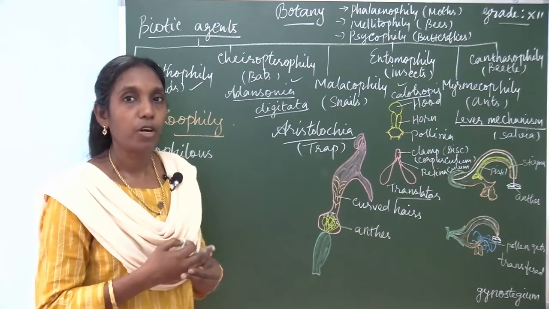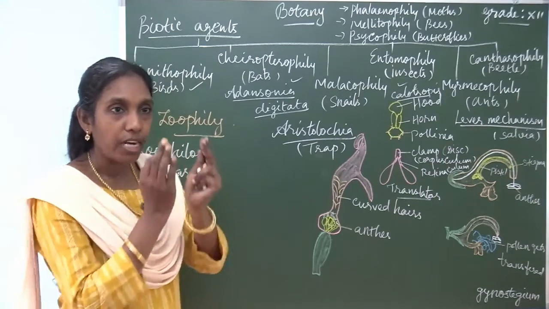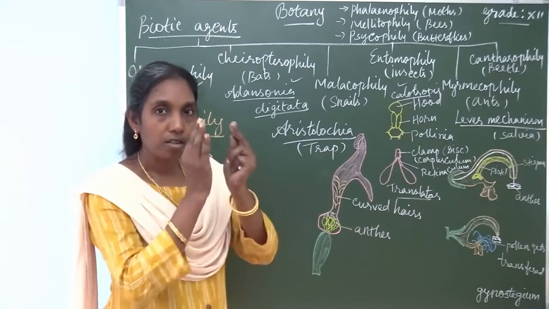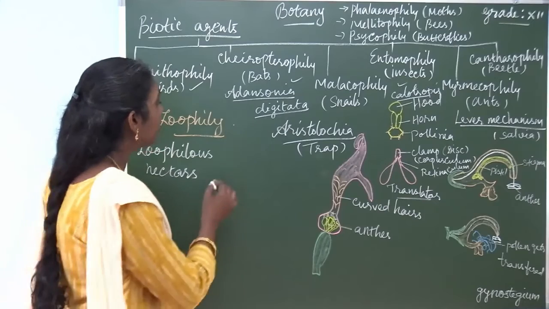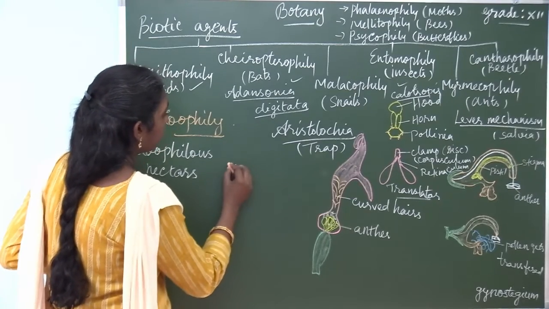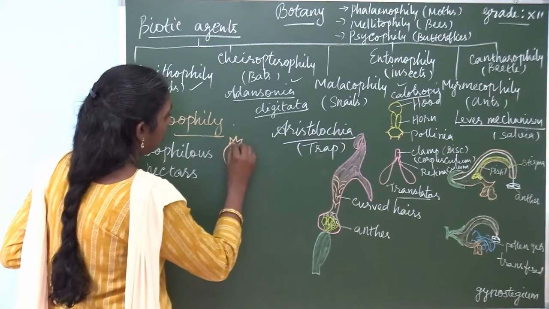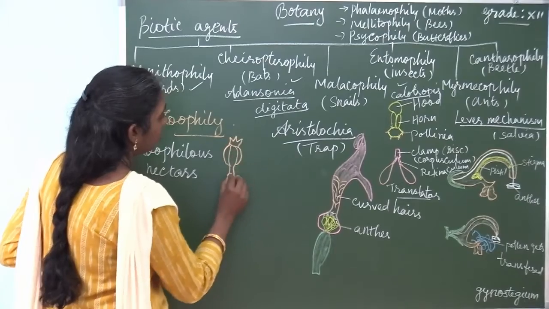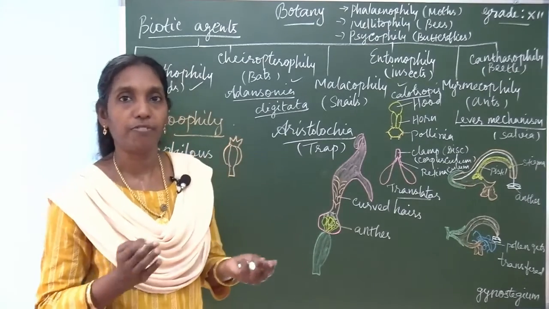So pollination takes place effectively. The shape of the flower is funnel shaped. Certain flowers are tubular, funnel shaped, cup shaped, or even urn shaped. Urn is this shape of flower. These are different shapes: funnel shaped, cup shaped, tubular flowers.